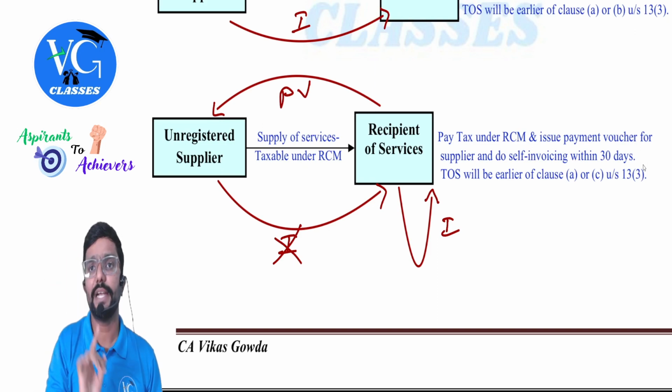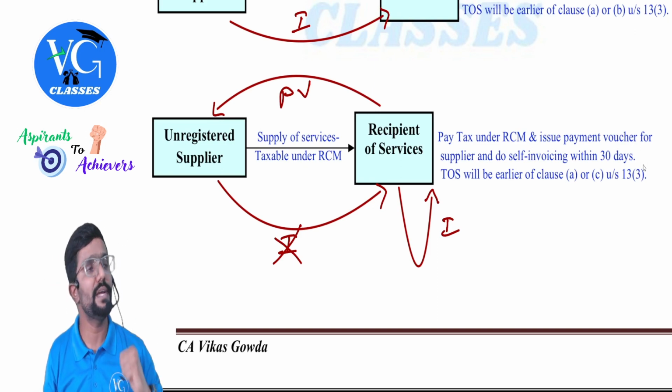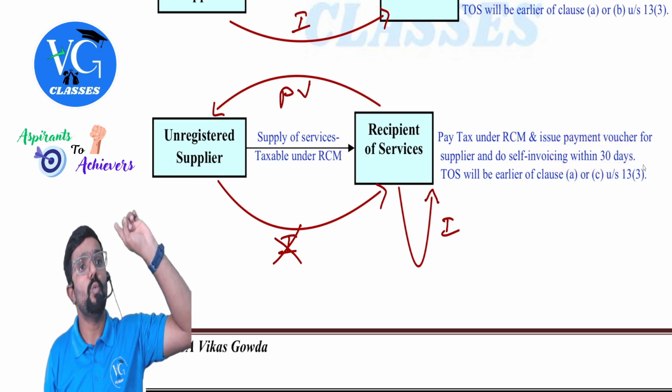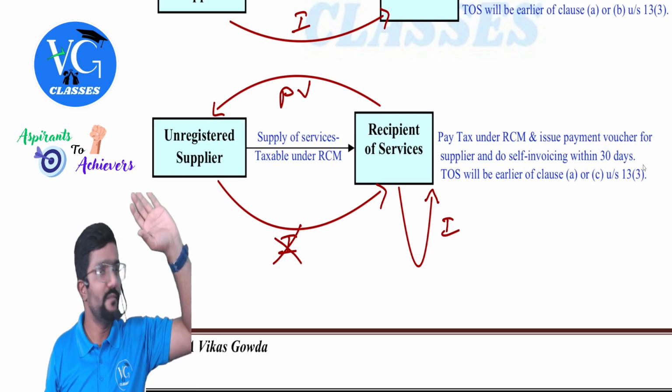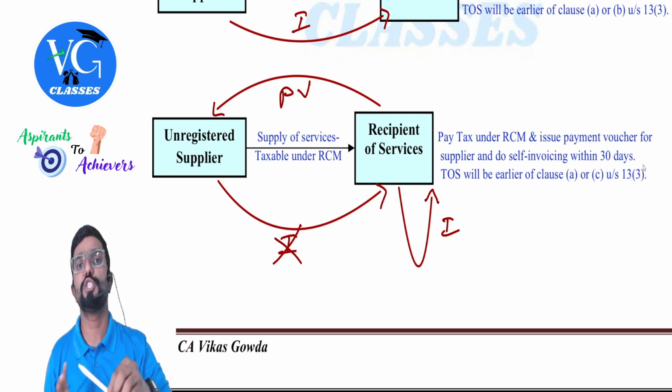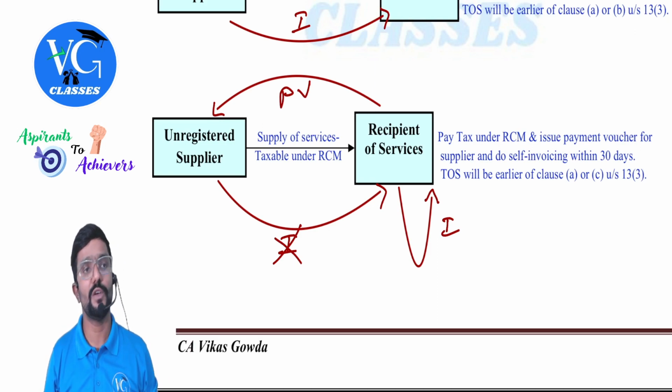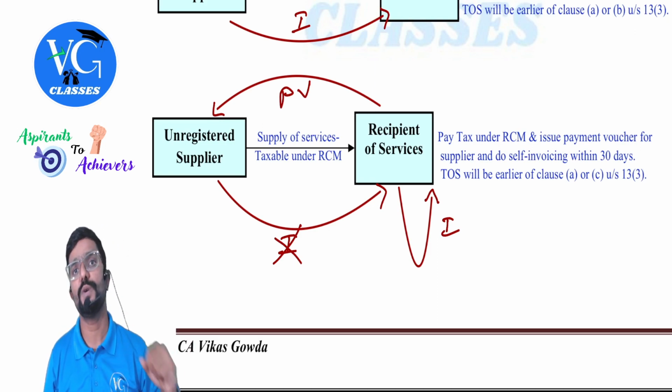Is that clear? Connected to whatever time of supply we already discussed. Actually, about this self-invoice, where it is given is in section 31, subsection 3, which we will cover in the invoice chapter, guys. So this is all about the clarifications on section 16, few transactions.